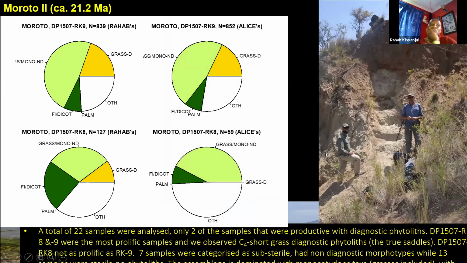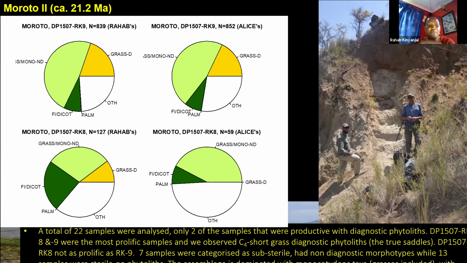Okay, so Moroto dates to around 21.2 million years, and we compared our data set with Alice to see if the signal of phytoliths was still there. If you look at the top pie chart, we both found diagnostic grass phytoliths.